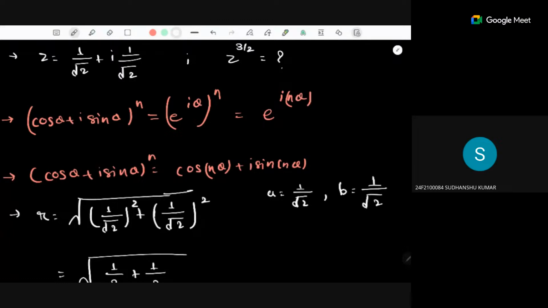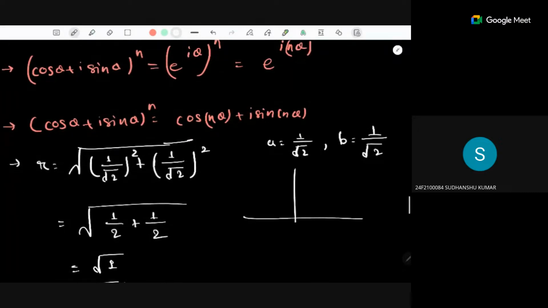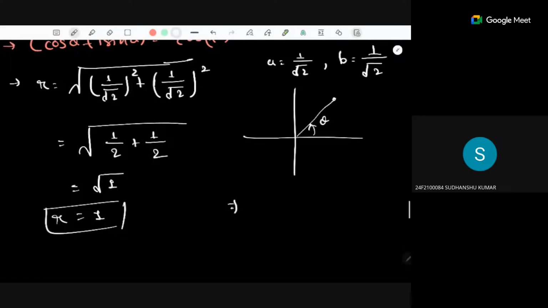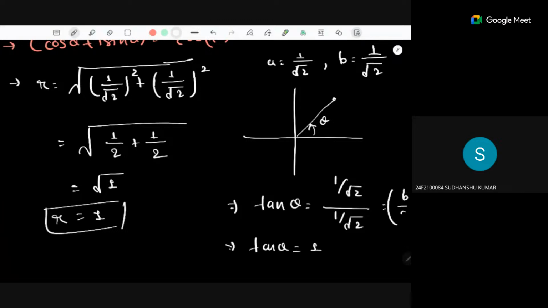That means both values are positive, so it will lie in the first quadrant. The value of theta depends on tan theta, and tan theta is b by a. So b is 1 by root 2 and a is also 1 by root 2, which means the value of tan theta is nothing but 1.